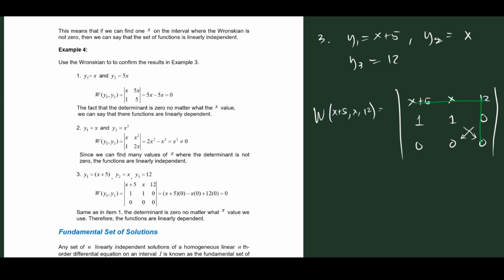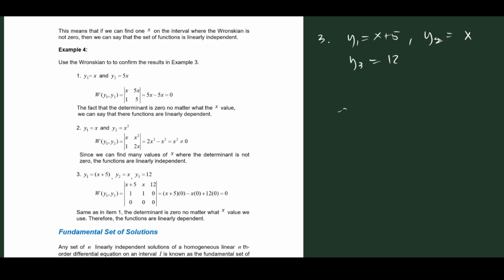Many functions can be complicated and not as simple as this one, but the process is the same. You just have to set up an n by n matrix and get the determinant, and then see if you can find a single x value where the Wronskian is not zero.